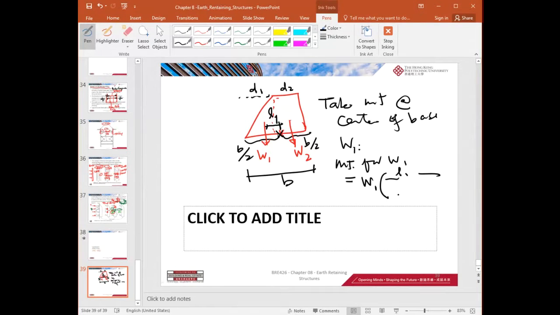It's equal to what? B over 2 minus, right? D1 over 3. Is that correct? You know here, right? The centroid here, right, is equal to 1/3 of D1.